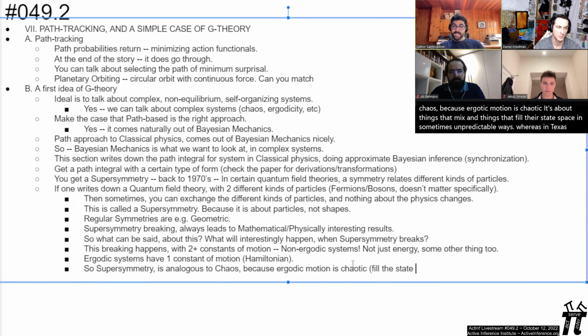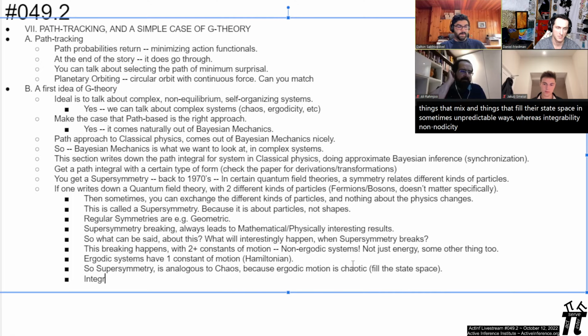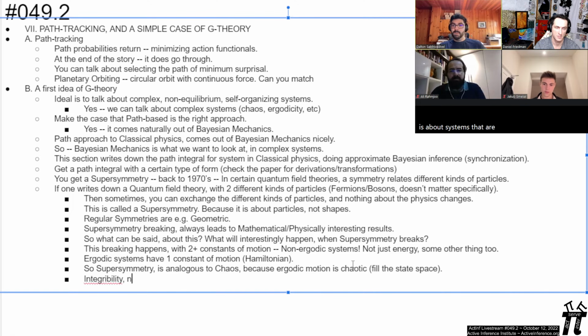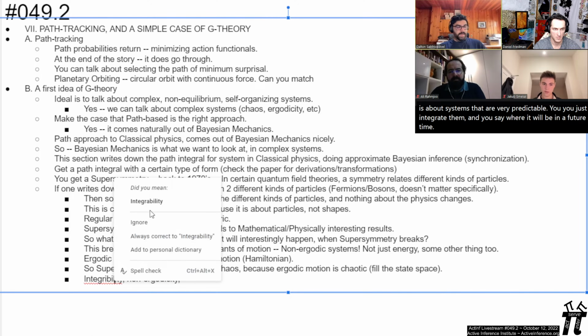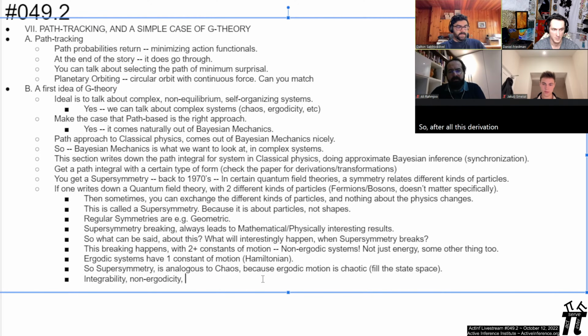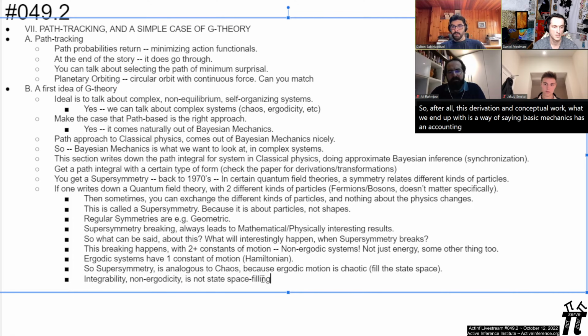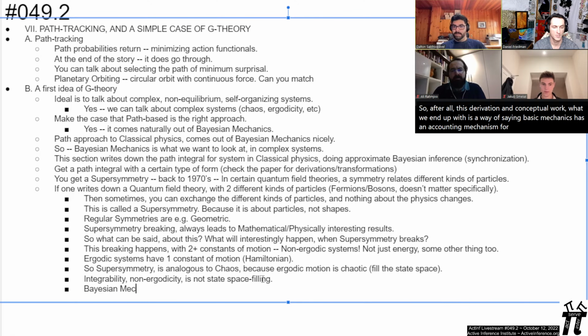Whereas integrability, non-ergodicity, is about systems that are very predictable. You just integrate them and you say where it will be in a future time. So after all this derivation and conceptual work, what we end up with is a way of saying Bayesian mechanics has an accounting mechanism for chaos and not chaos.